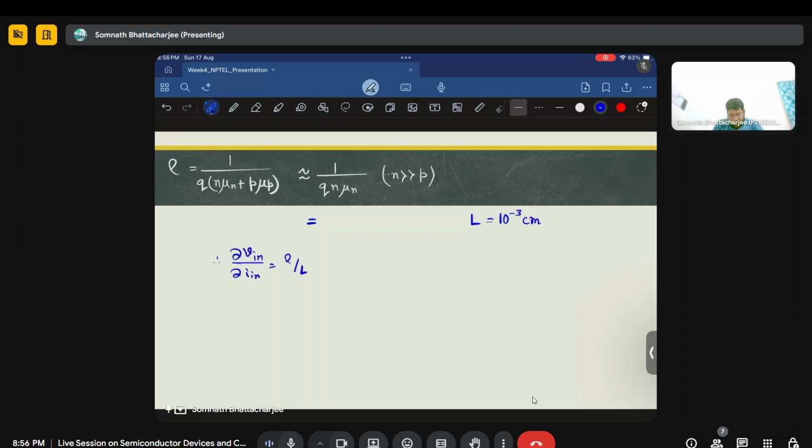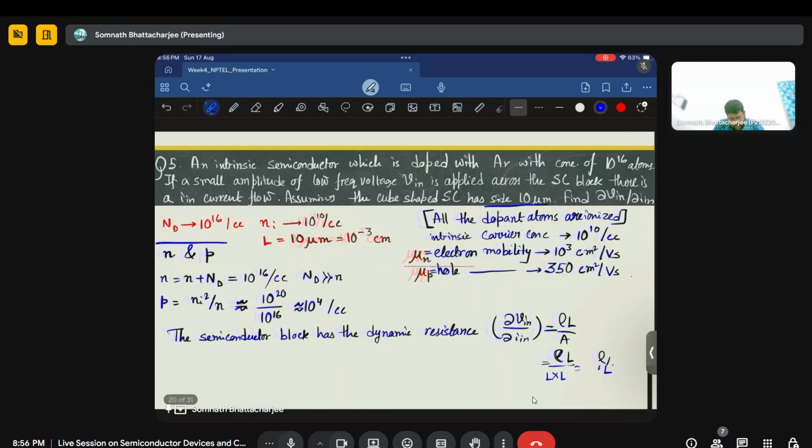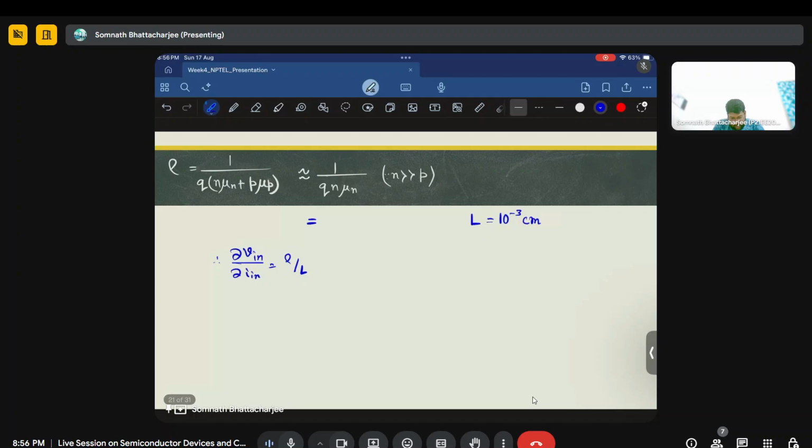If there is any miscalculation, please let me know. So this would be 1 by 1.6 divided by 10 to the power minus 19, that is the value of q, divided by n, which is 10 to the power of 16.